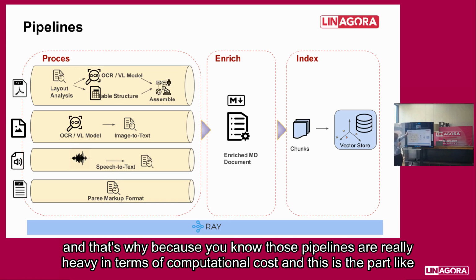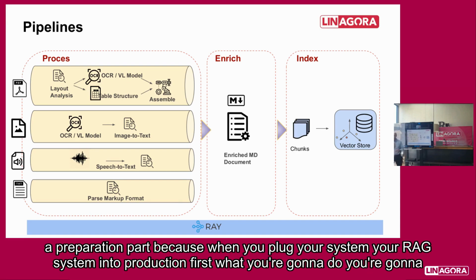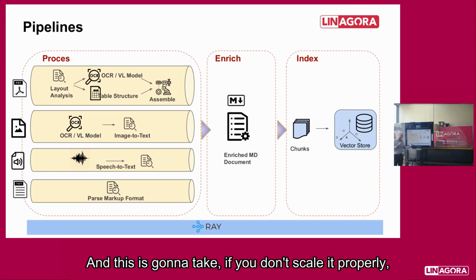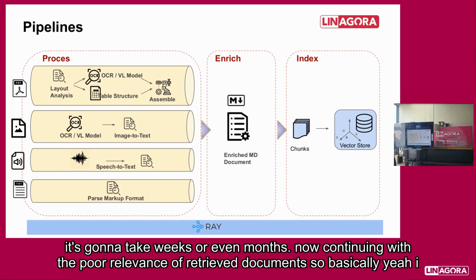And that's because those pipelines are really heavy in terms of computational cost. And this is the preparation part, because when you plug your RAG system into production, first, you're gonna retrieve a couple hundreds or even millions of documents. And if you don't scale it properly, it's gonna take weeks or even months.